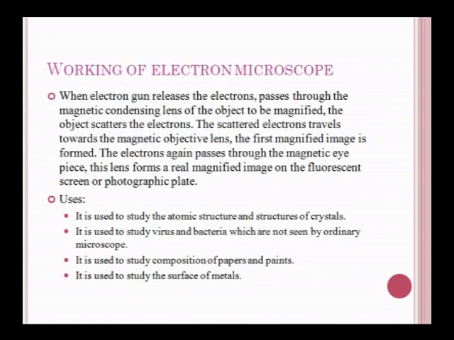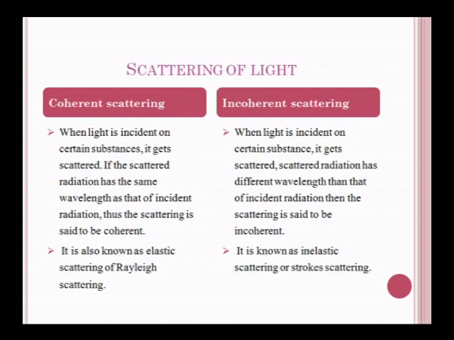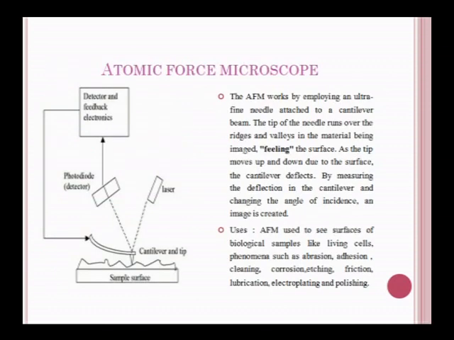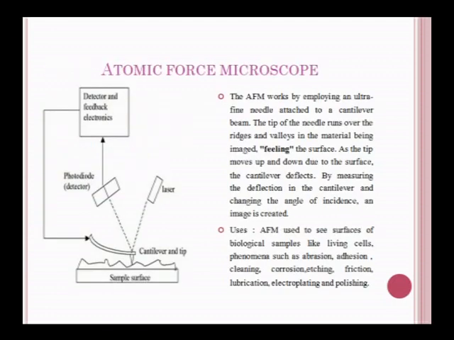Now we have one more microscope, called the atomic force microscope. Nowadays this is one of the powerful tools in the hands of engineers. This microscope not only shows the detailed structure of the surface, but also gives an idea of the nature of the surfaces. It consists of a simple cantilever with a diamond tip on one side.